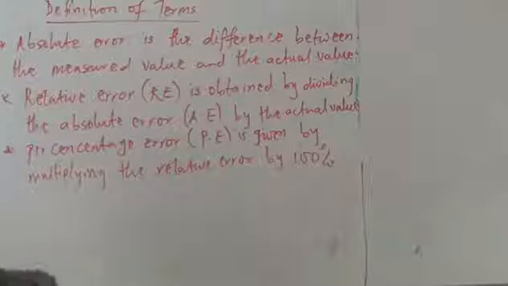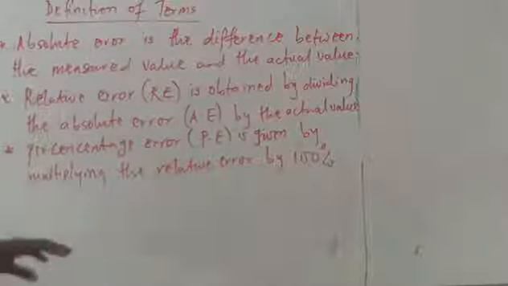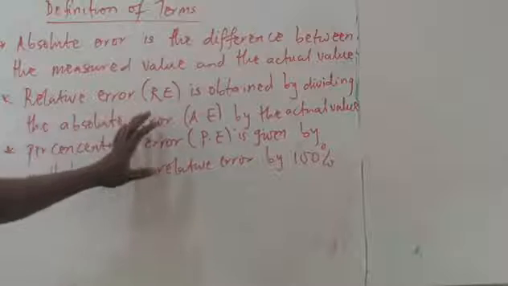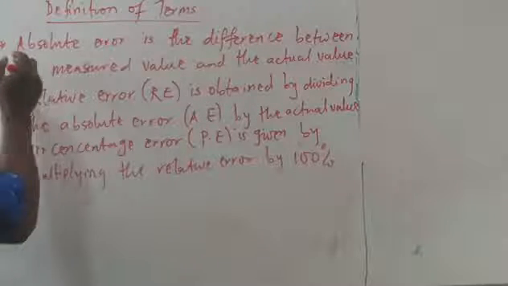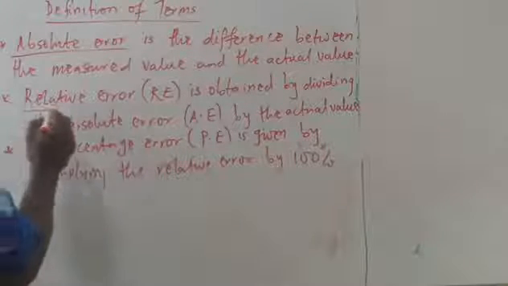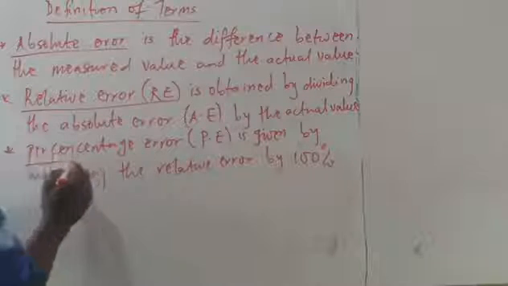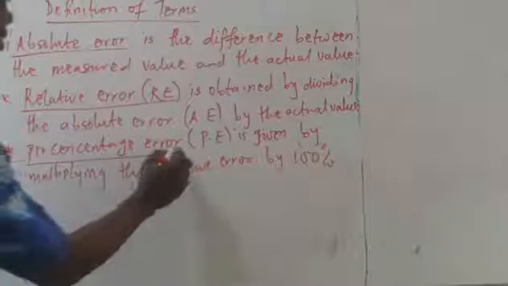The first one is absolute error, the second one is relative error, and the third one is percentage error. These are the definition of terms.